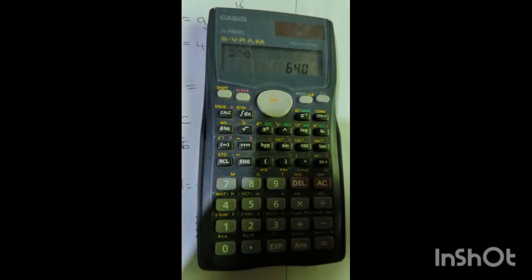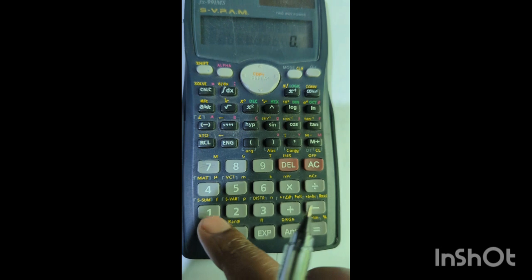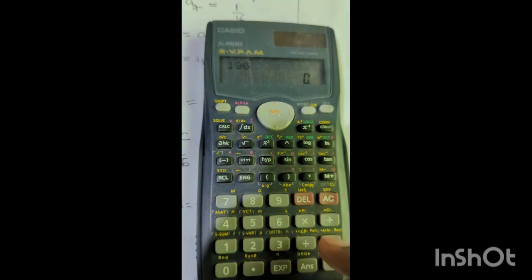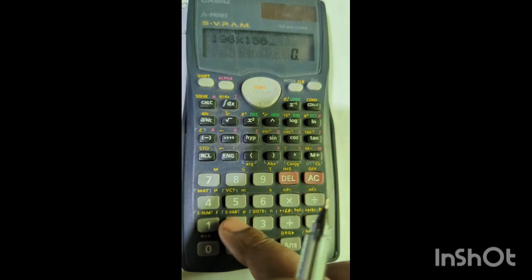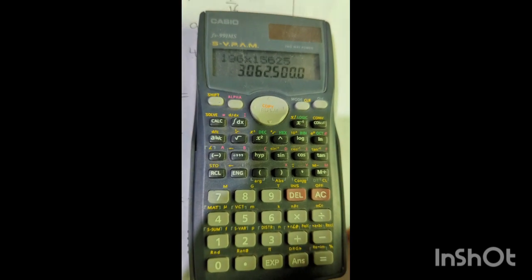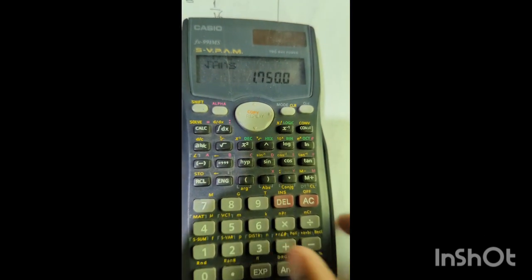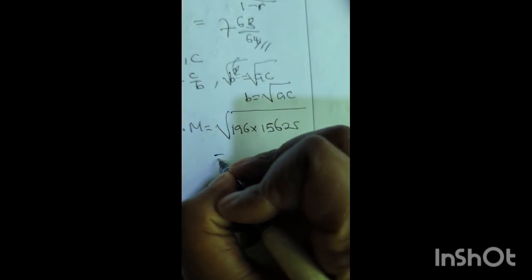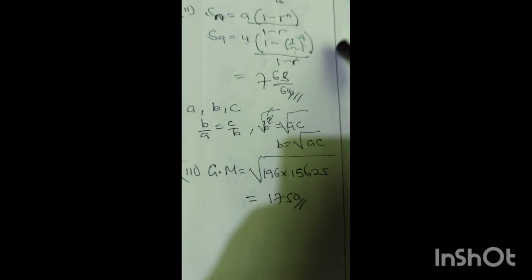You just punch it. That's the product, then you find the square root of this answer, which is 1,750. You end there. So when you're given two numbers, you simply multiply them, then find their square root.